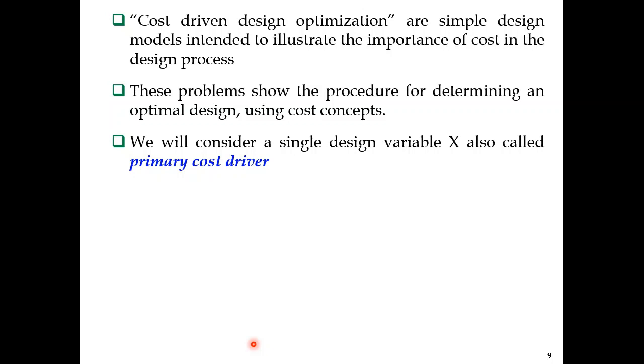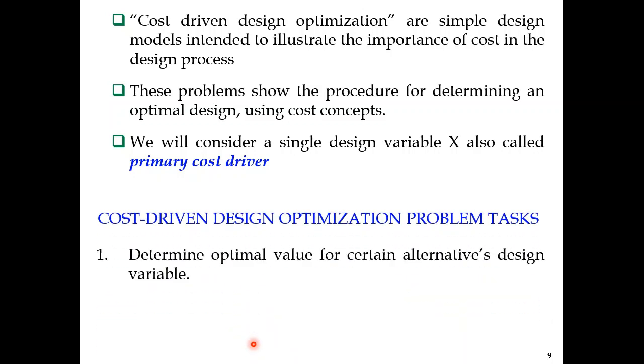Of course, maybe the material of the pipe itself is also important, but the cost of the insulation material may be much higher than that. Therefore, considering this as the primary cost driver is more meaningful, and designing our product depending on this parameter is more relevant.